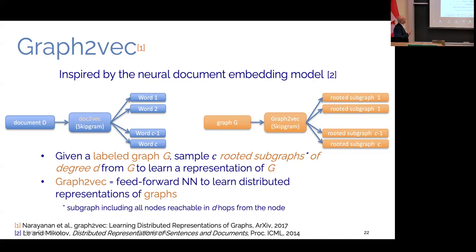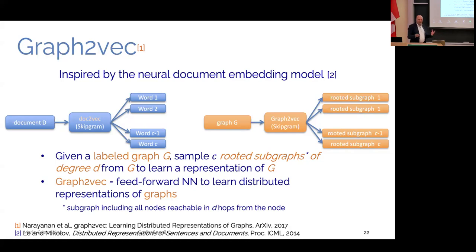So somehow what we have here is that we associate to each document a representation of the words, one vector for each word, and this doc2vec provides an embedding for text. We have been describing this with different techniques this morning for text classification.